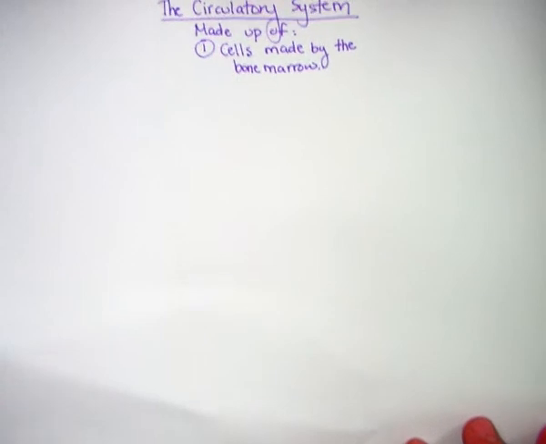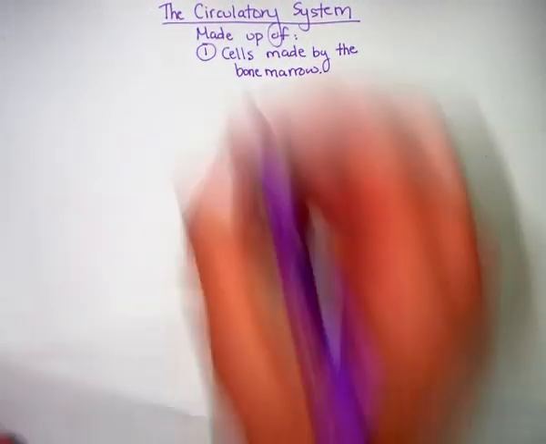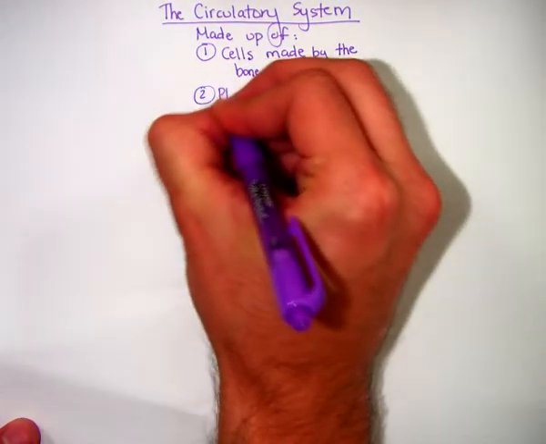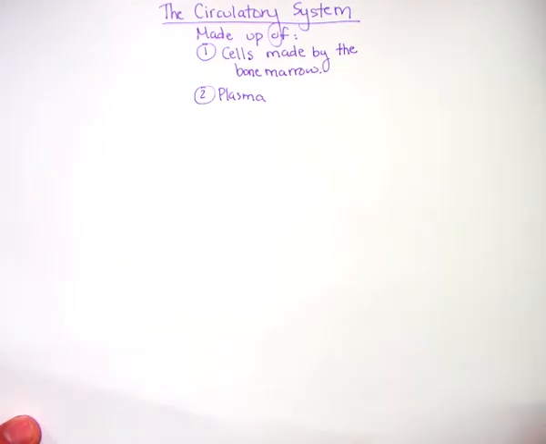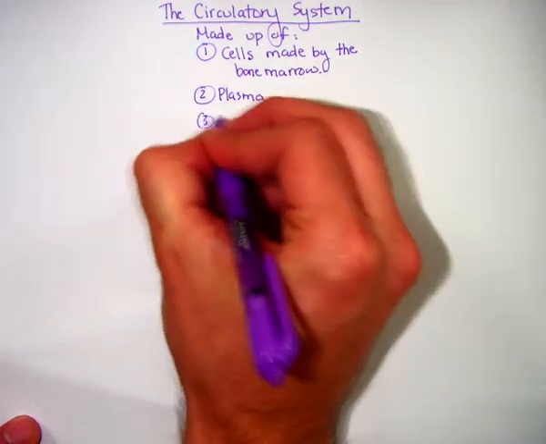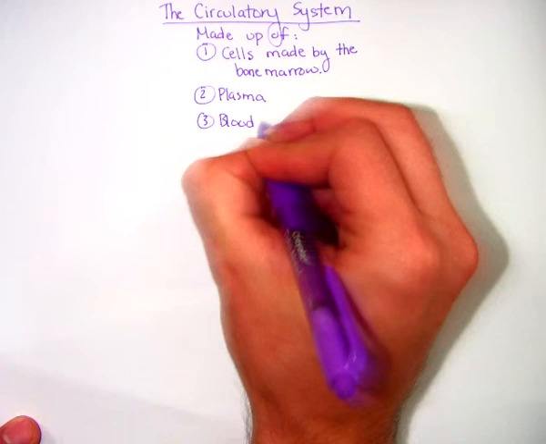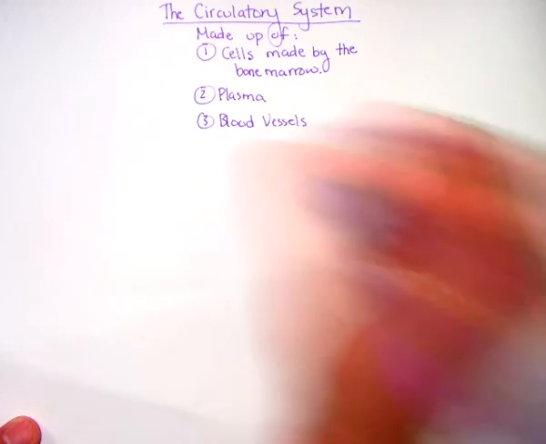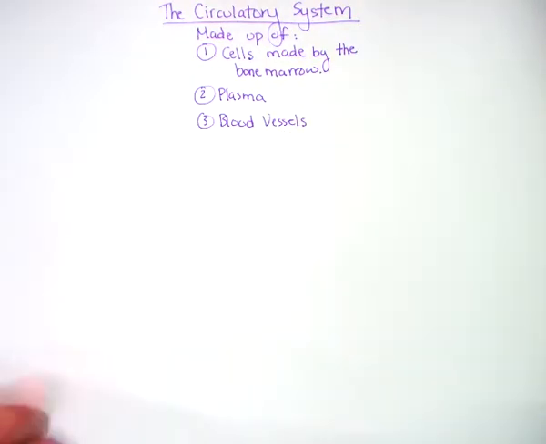The second thing, it's made up of something called plasma. And the third thing, it's made up of blood vessels. So veins, arteries, just the tubes by which blood flows through.